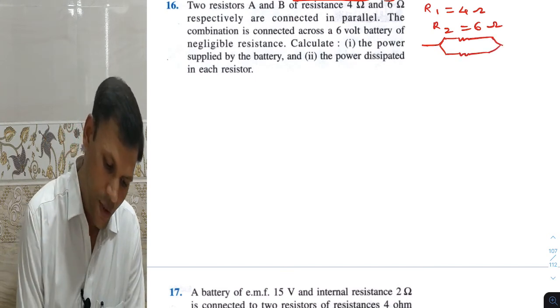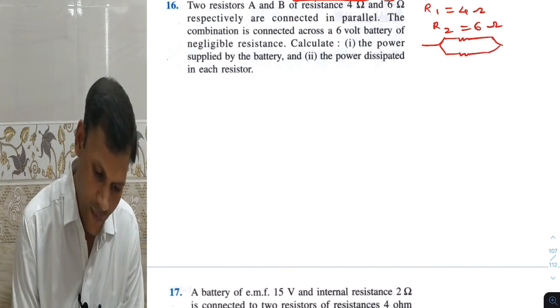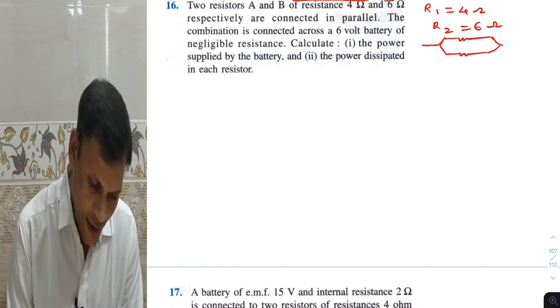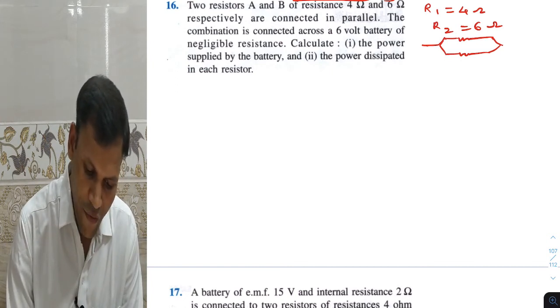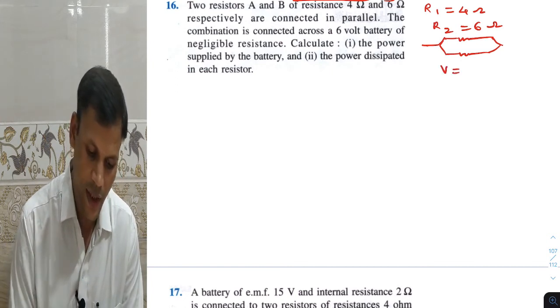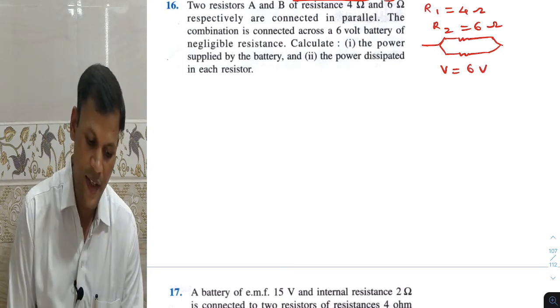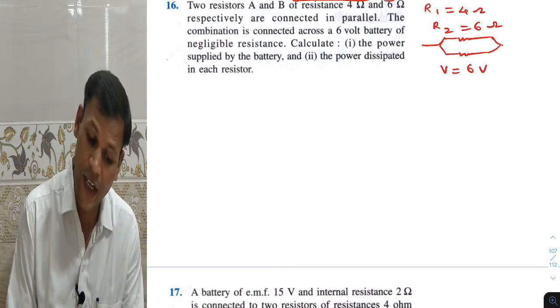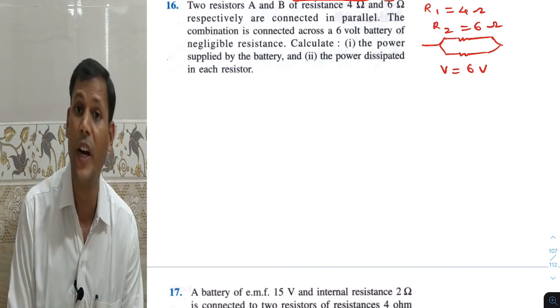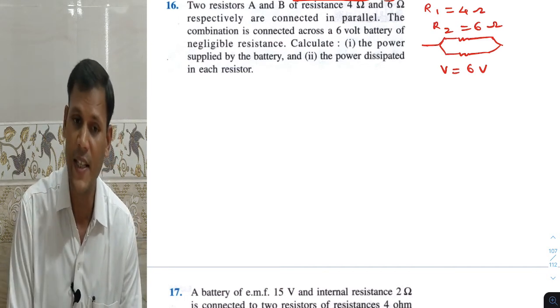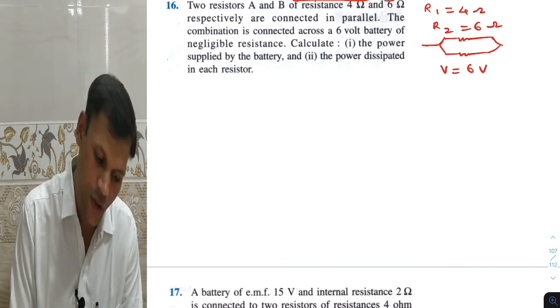Across the combination, V is given as 6 volt. Negligible resistance of the battery. Power is to be calculated, but we have to find out first of all what?